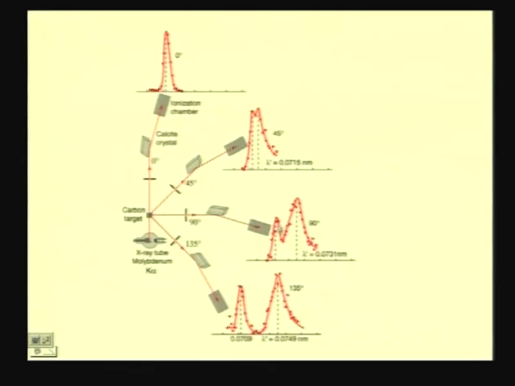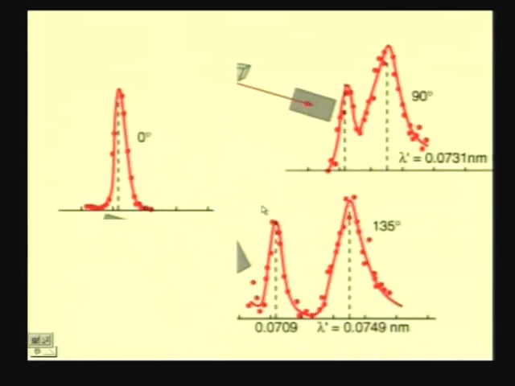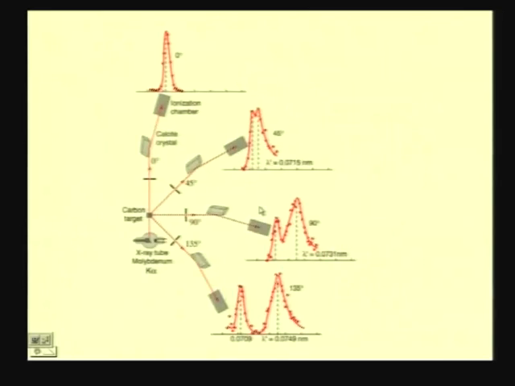The first line is the one that was sent in. So, this has the wavelength that was sent in, and now you have another wavelength which is being produced, which has a slightly larger value than the one which was sent in. This is what Compton found. So, Compton found that there is a shift in the wavelength because of scattering.